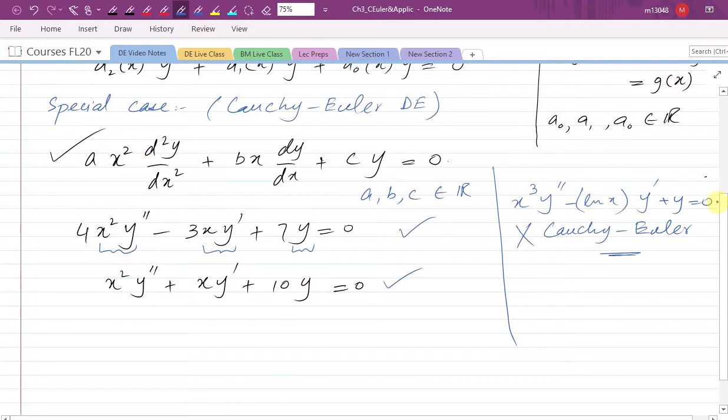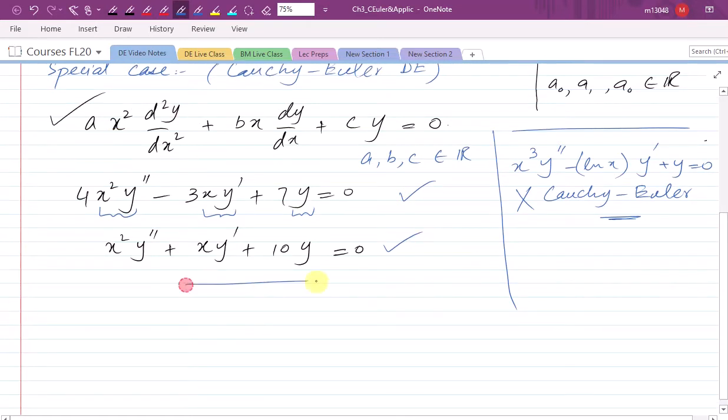We will not be able to solve this with this method. Although it is variable coefficients, homogeneous, higher order, yes it is, but we are only after a special case. All right, the method is very simple.